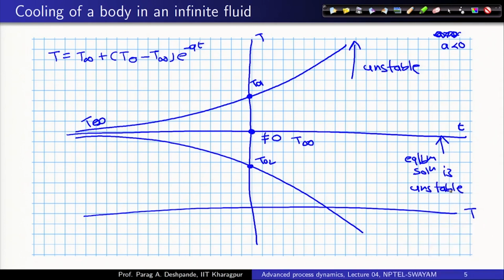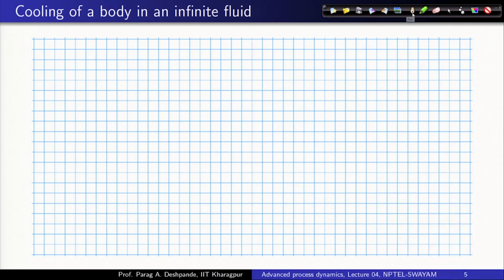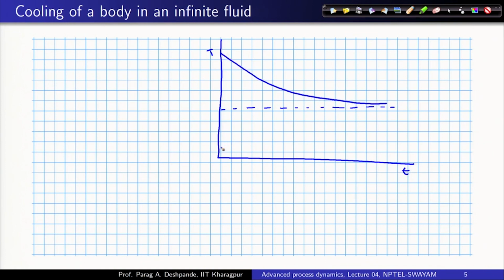Whereas, for the current system, when you drew the phase portrait like this, this is the equilibrium solution, temperature, time, the equilibrium solution looks like this, T equilibrium, you will see that T equilibrium is stable. In fact, what I can do is I can make this particular portrait also mathematically complete.